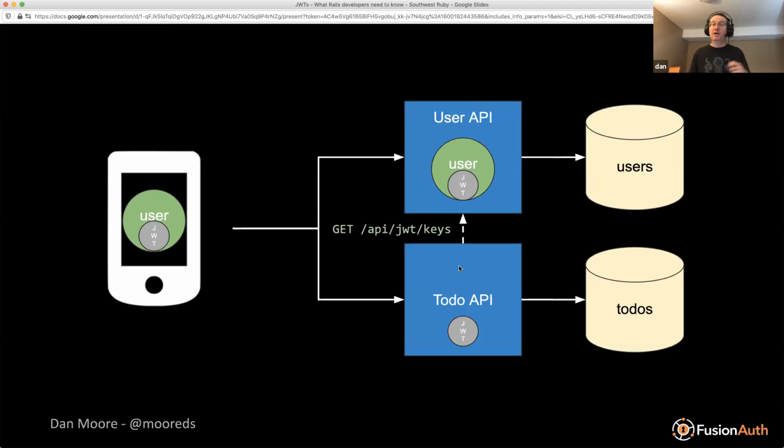You can pull that public key every hour or 2 hours and just store it. So you could pull it once and then just keep using it until you see a JWT that you can't decode. And then you could go back and say, oh, this JWT doesn't look like it's valid according to key A. Let's go see if there's a new key published.